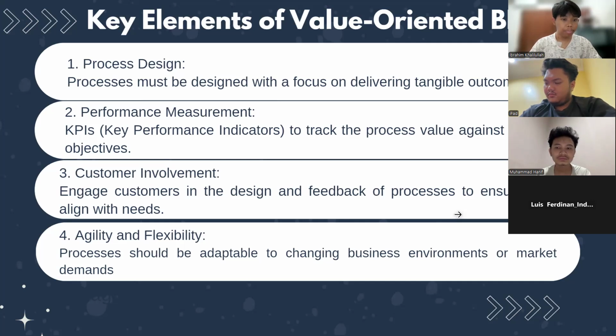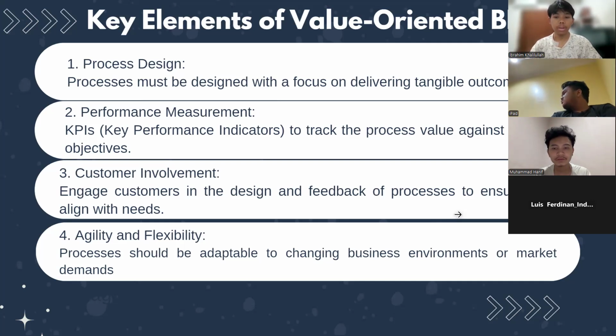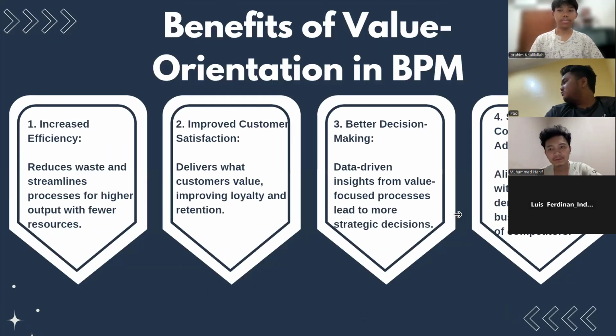The third is customer involvement: engage customers in the design and feedback of processes to ensure they align with needs. The fourth is agility and flexibility: processes should be adaptable to changing business environments and market demands. Next person.